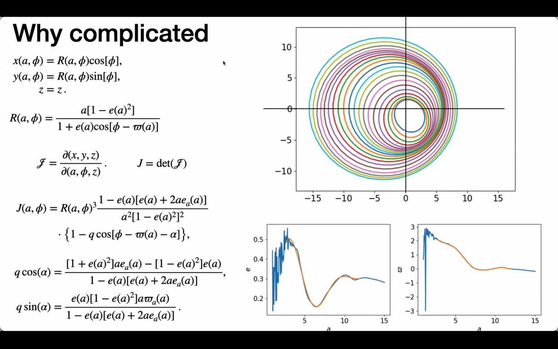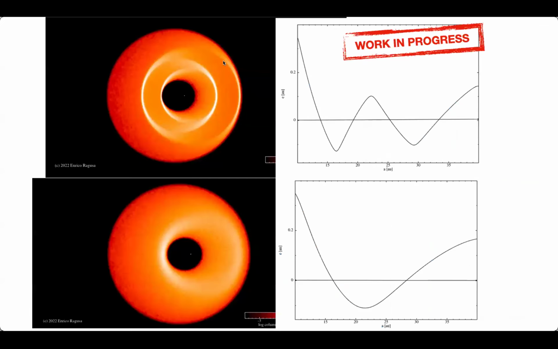That was definitely not straightforward, because if you start your disk without accounting for this, you will not conserve the flux of the material along the orbit, and this will create a huge mess in your setup as soon as you start your simulation. This is an example of different profiles. They are weird profiles, obviously, but they show how the density changes azimuthally, depending on how steep the gradient of the eccentricity is.